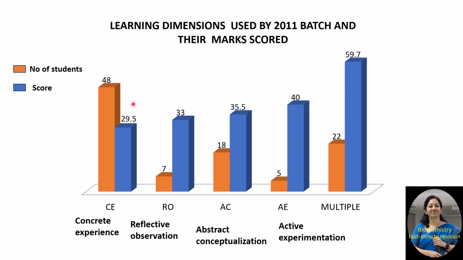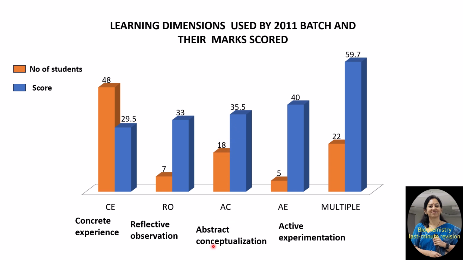Their average marks were around 30 out of 75. Seven students had practiced reflective observation, wherein they were able to interpret different lab reports, and their score was 33.